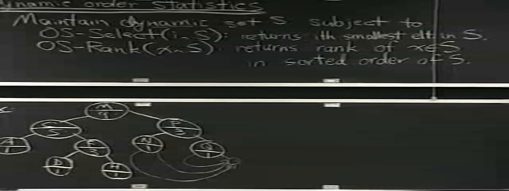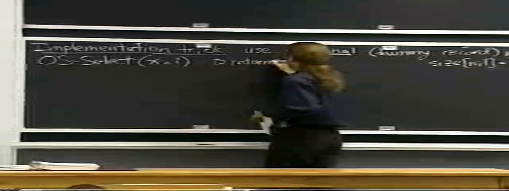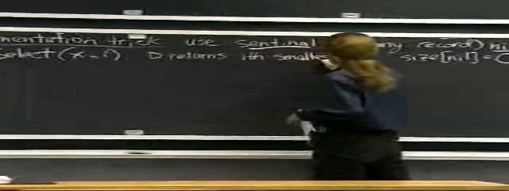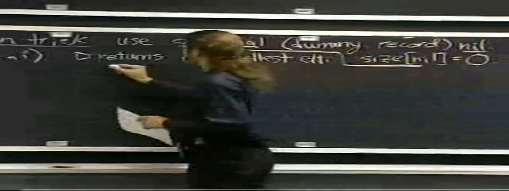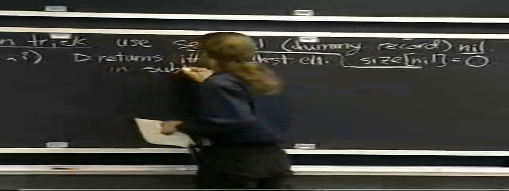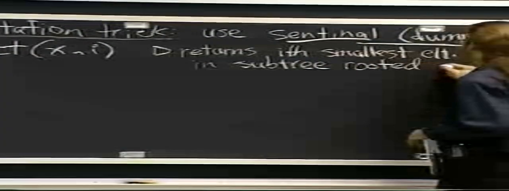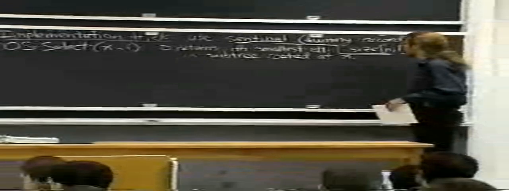And I won't worry about the set S. What this means is I want to find the ith smallest element in the subtree rooted at x. Okay, that's going to be useful for my recursive algorithm. And S, the dynamic set I'm dealing with, is implicitly around here.